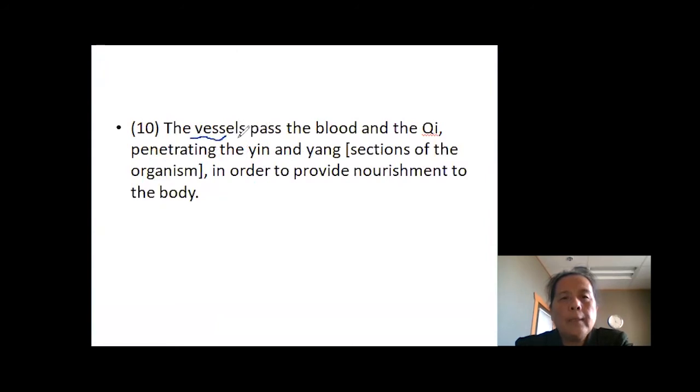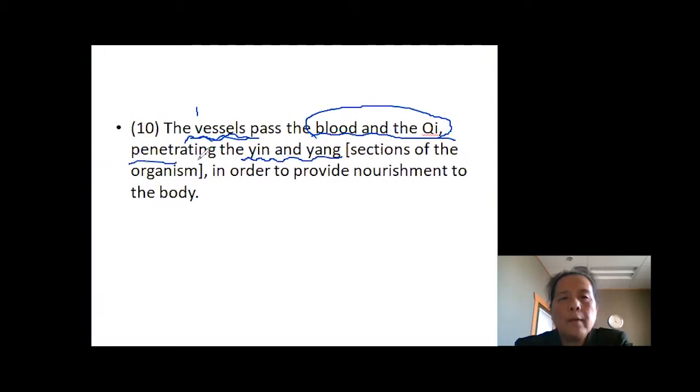So the meridian or channel is passing the blood and the qi. So basically, we're talking about the channel here in ancient time, including some blood vessels. So that's why we're talking about passing blood and passing qi, and communicating yin and yang.